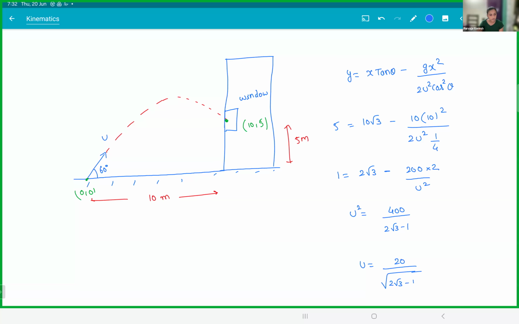So Vy square, this is u square sine square theta. 2Ay is minus g, anything down is negative, this is minus h. You end up with Vy square is u square sine square theta plus 2gh. So speed is nothing but root over Vx square plus Vy square. You can clearly see u square cos square theta plus u square sine square theta will be u square, I mean 1. And there, that's your answer.